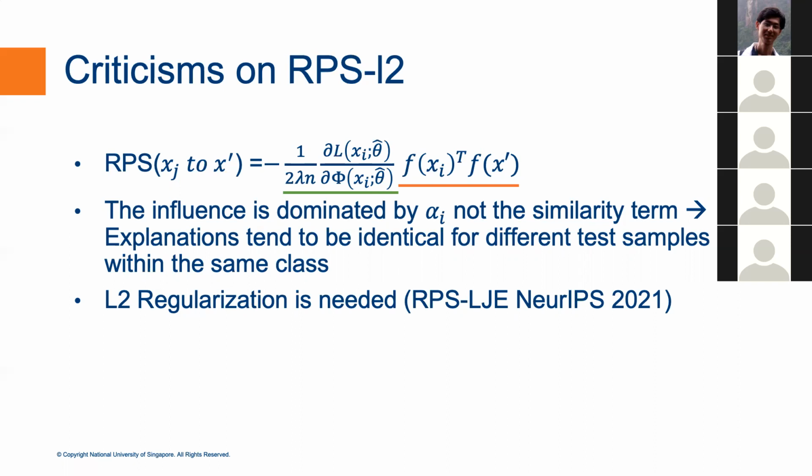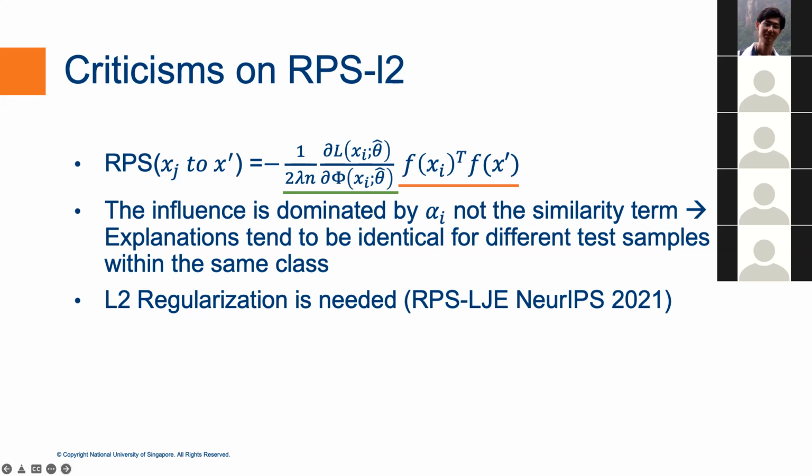Personally, I think it's because the representation of all the samples from the same class is very similar. So f(x') should be quite similar for all x' from the same class.